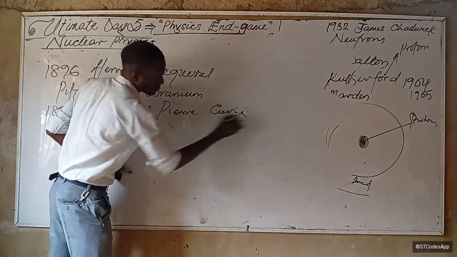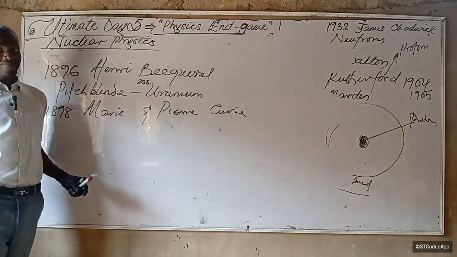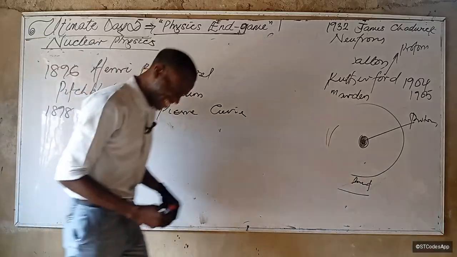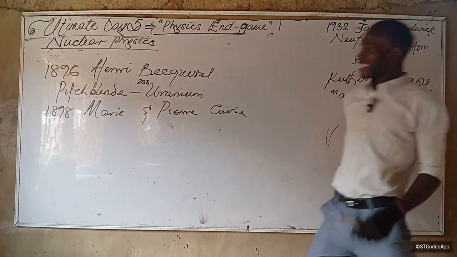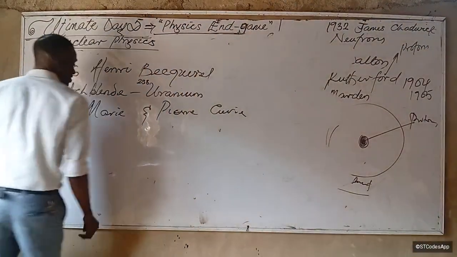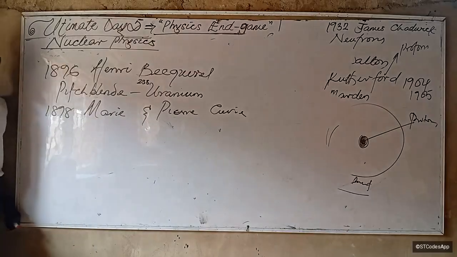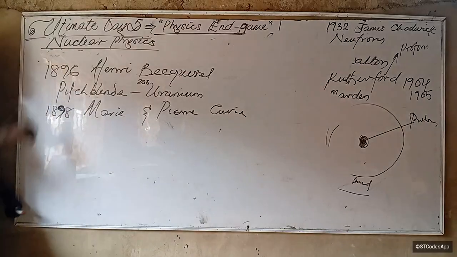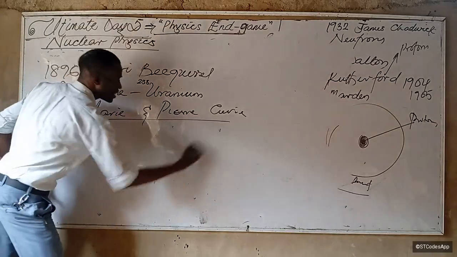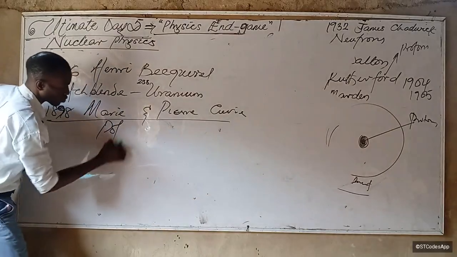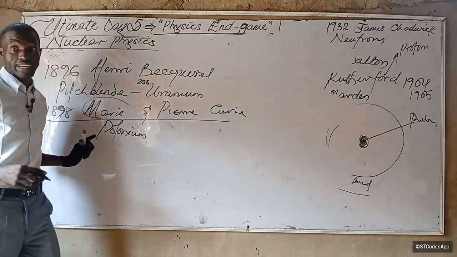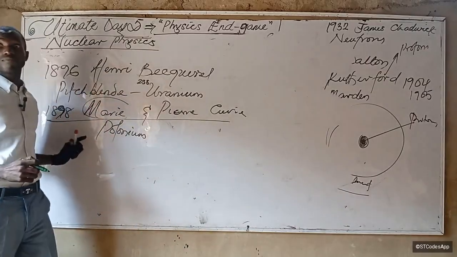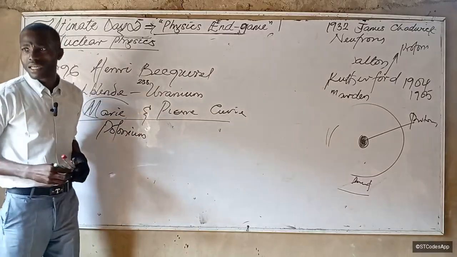Do you even hear the name? Curie. Are you with me? So in 1898, both of them investigated which two elements? Polonium. She was the one that actually named it polonium, and I advised her to do so because she discovered it.